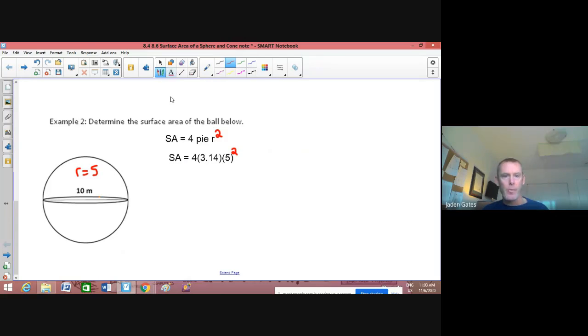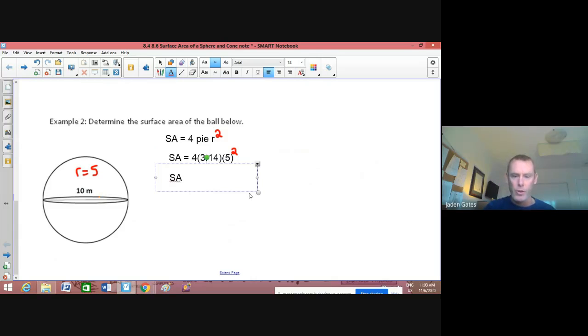All right, there we go. So again, follow BEDMAS. Got to do my exponent first. So we have our surface area is equal to 4 times 3.14 and 5 squared, 5 times 5, 25. All right, and lastly, all we have to do is multiply our numbers, put some units on it.